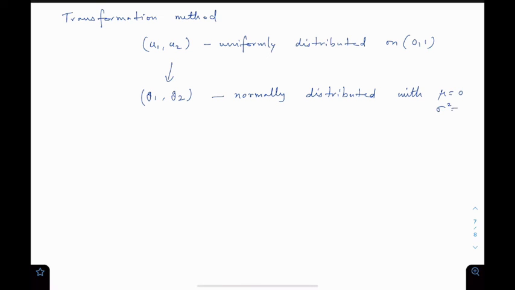This transformation has the form g1 equals cos 2 pi u2 times the square root of minus 2 log u1.